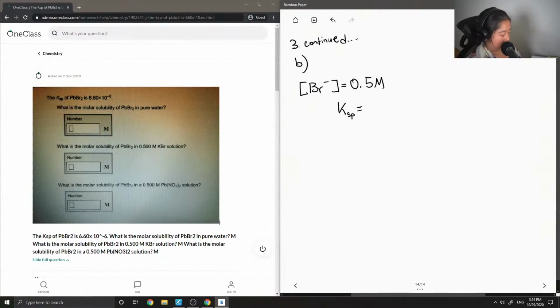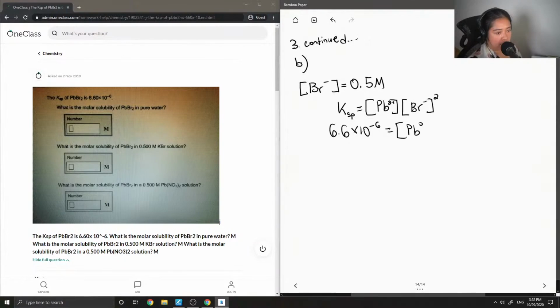Let's just write it down. So I'm going to sub in the Ksp value as the 6.6 times 10 to the negative 6.